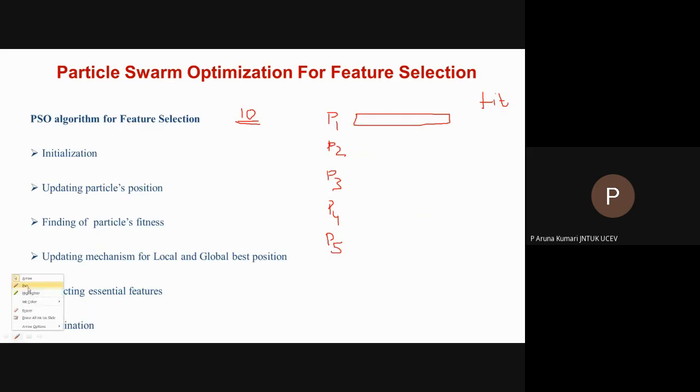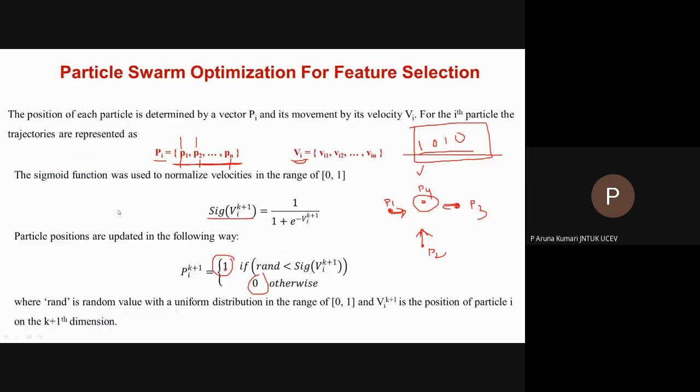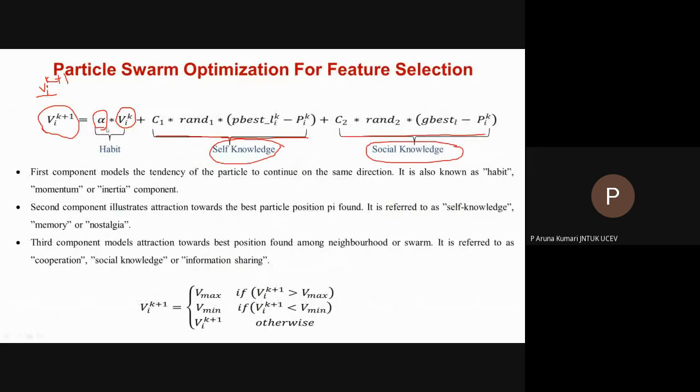Once I have initialized and calculated the fitness function, I have to update my particle positions. But when I am trying to update these particle positions, what should be my alpha, and what are this C1 and C2 and all these things.